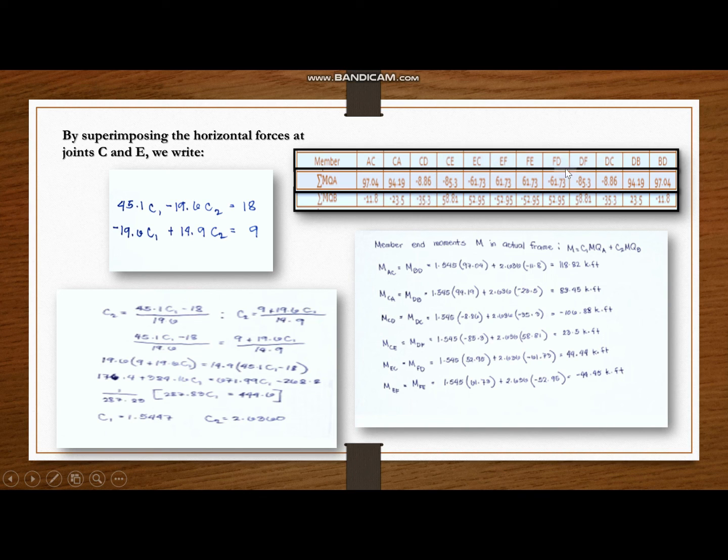Ganon din ang gagawin here hanggang sa BF hanggang sa FE. So, our MC here plus FD. Kaya nag-come up ng 44.44 K feet. So, our moment EF here and FE, same lang din ng numbers ang kalabasan, is negative 44.45 K feet.